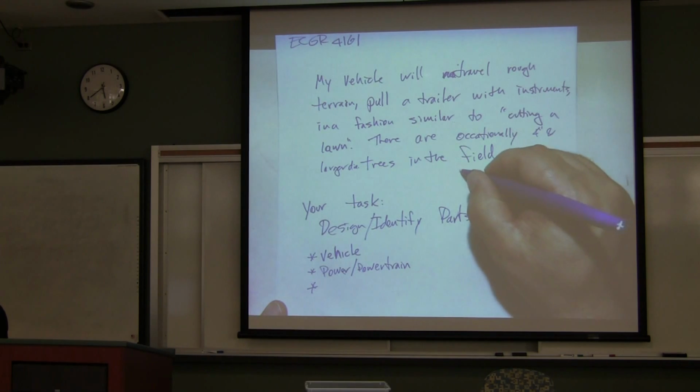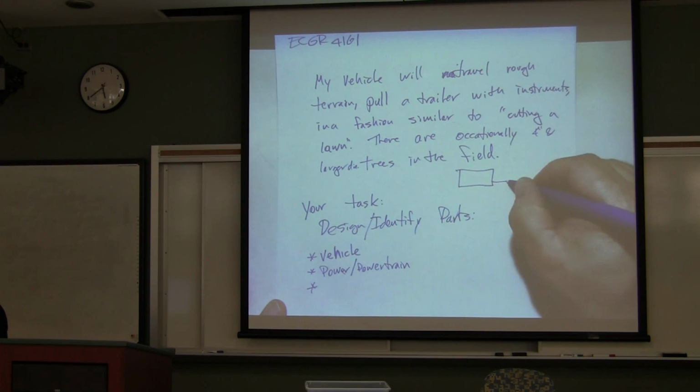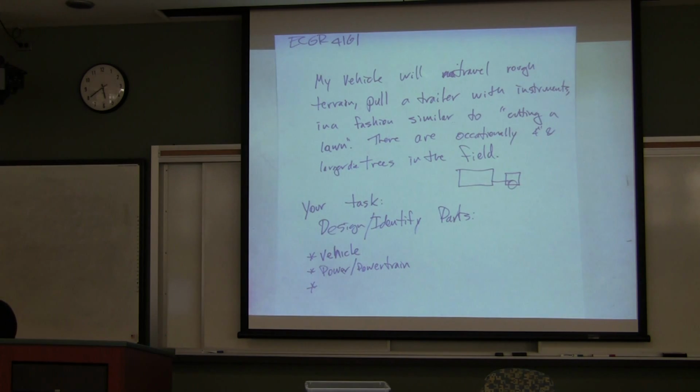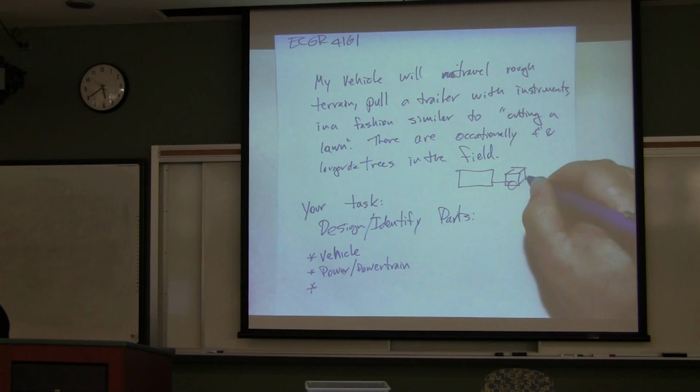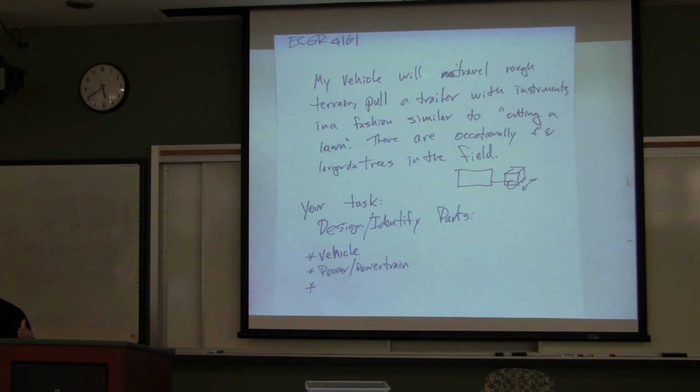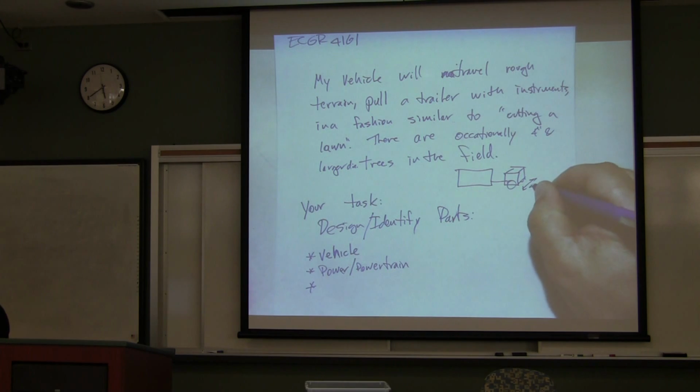Did we design the trailer or is the trailer given? The trailer's given, you don't have to worry about it. You just pull it. The trailer is a box with 2 wheels and a trailer hitch, which is 48 inches wide.